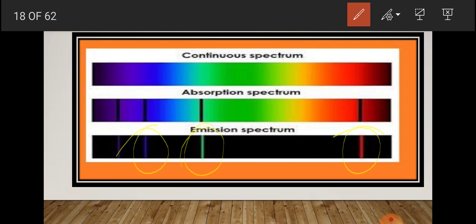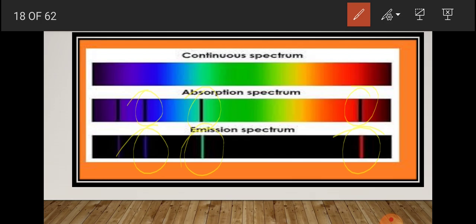And in absorption spectra, it contains dark lines at the place where colored lines are obtained.